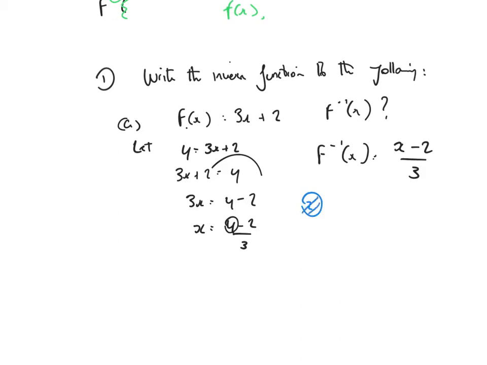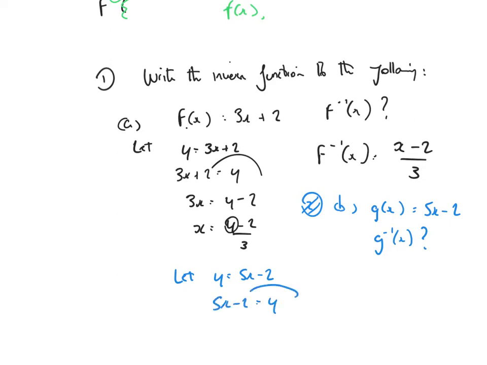So let's go for an example B. In example B, let's go with g of x equals 5x minus 2, and we're going to find the inverse function g of minus 1 of x. So first move is to let y equals 5x minus 2. We're then going to change the subject of the formula to x, so 5x minus 2 equals y.